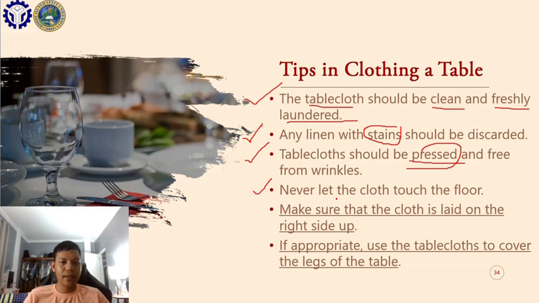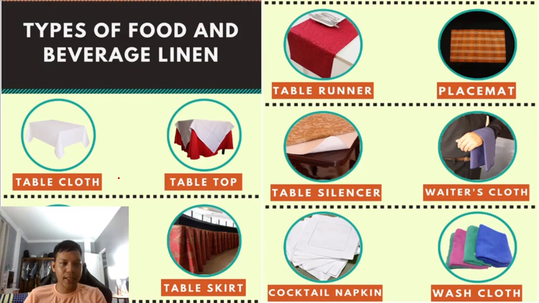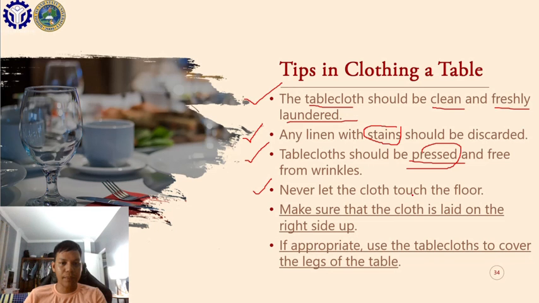Next, never let the cloth touch the floor. As we can observe here in the design, they hang the edge of the tablecloth, but we need to make sure that the cloth does not touch the floor. Next, make sure that the cloth is laid right side up. There is a sign if the cloth is on the wrong side or the right side.